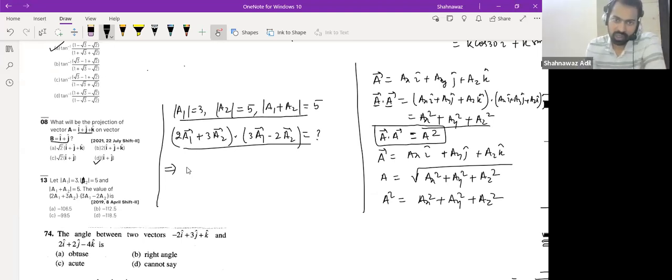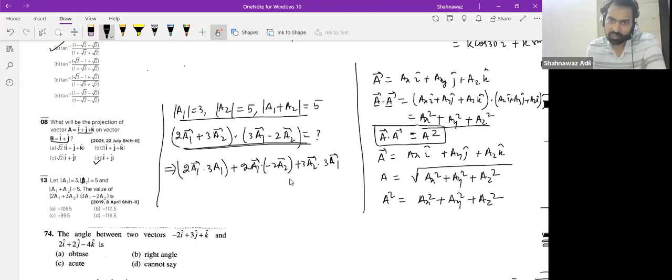Okay. So similarly, if I take the dot product here, 2a1 dot 3a1, right, plus 2a1 dot of minus 2a2, and plus 3a2 dot of 3a1, and minus of, let me directly write, 3a2 dot 2a2.